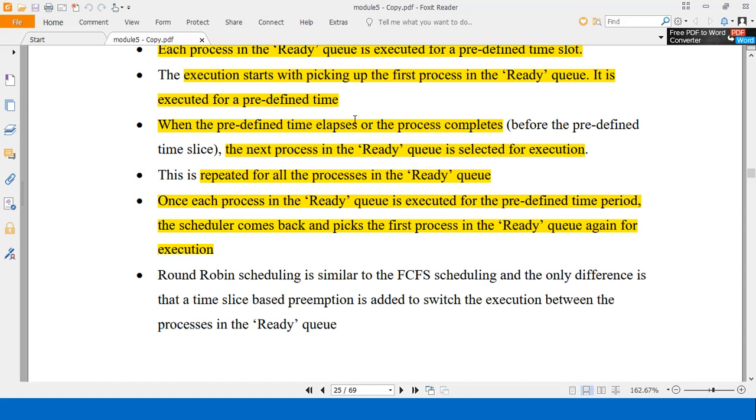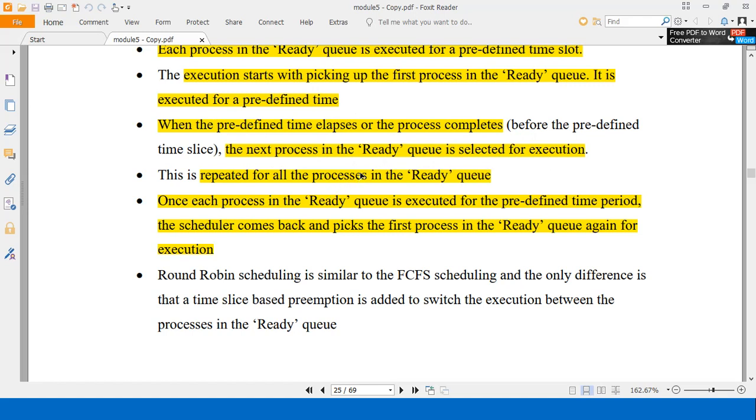That is the first case. Or, within that time slot, if that process completes, then also the process will move out of the CPU, or give away the CPU. So there are two chances of preemption. One is if the predefined time slot elapses. Second is if the process completes within the predefined time slot. In both cases, the next process in the ready queue is selected for execution.